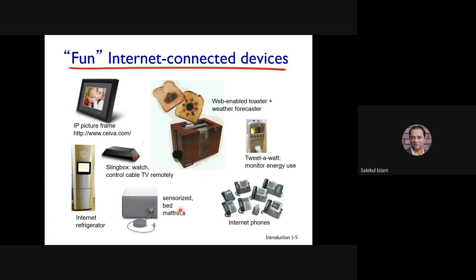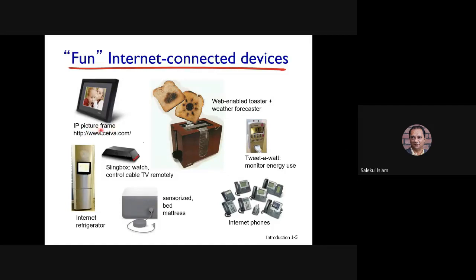So they have given some examples and I think all these examples exist. এমন না যে জিনিসটা নাই, যেমন এটার এক্সাম্পল দিয়ে দিচ্ছি, এটা হচ্ছে আইপি পিকচার ফ্রেম। So I guess this frame is something like that. Like if I take a picture from my mobile phone and if I like that picture, I can just directly upload to this frame.